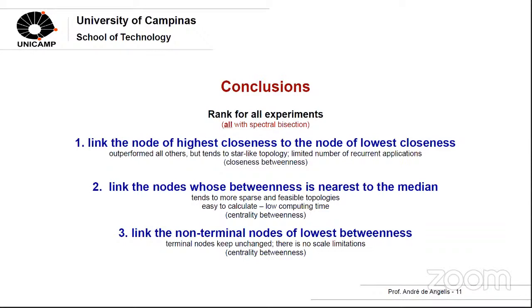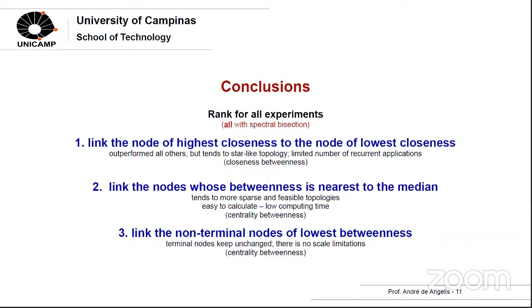Yes. Just to follow up, my understanding is that it can be a problem. This high-to-low closeness node can be a problem even to add one single edge, because this single edge could be an edge of like 20 kilometers, I don't know, something that makes adding this one single line unfeasible.